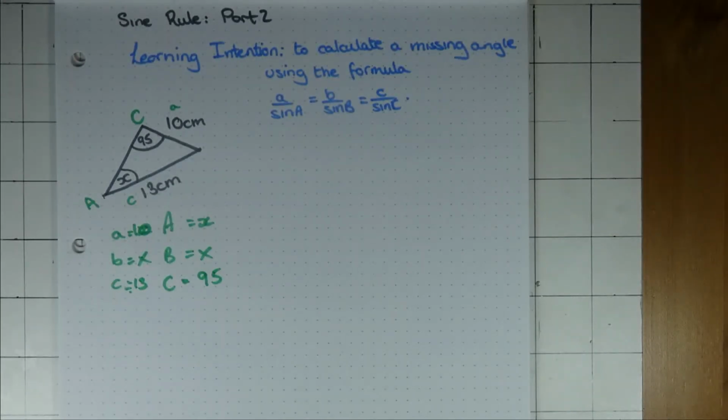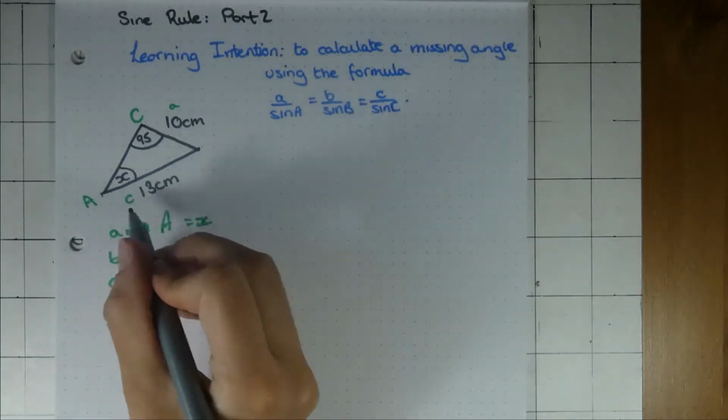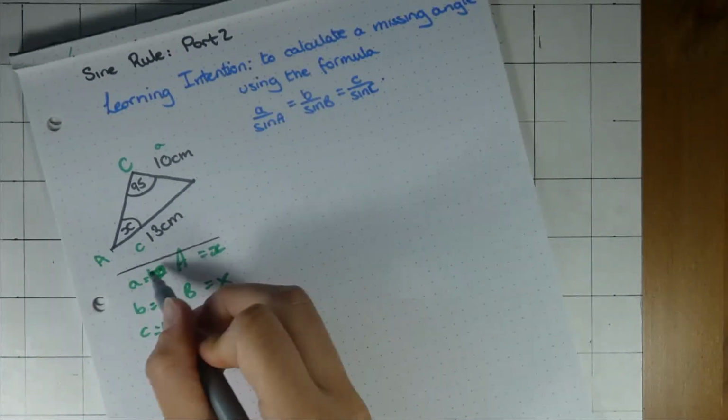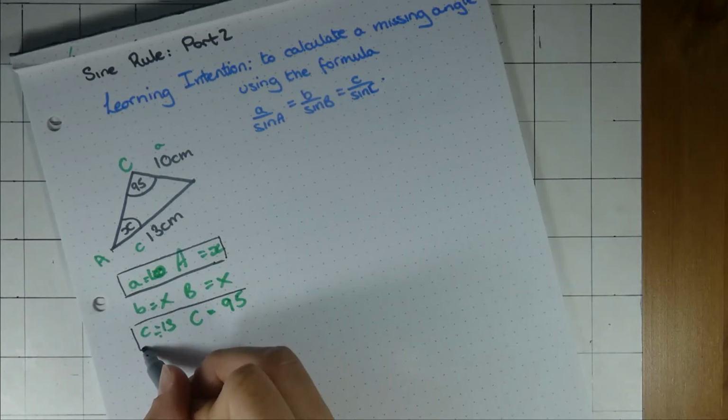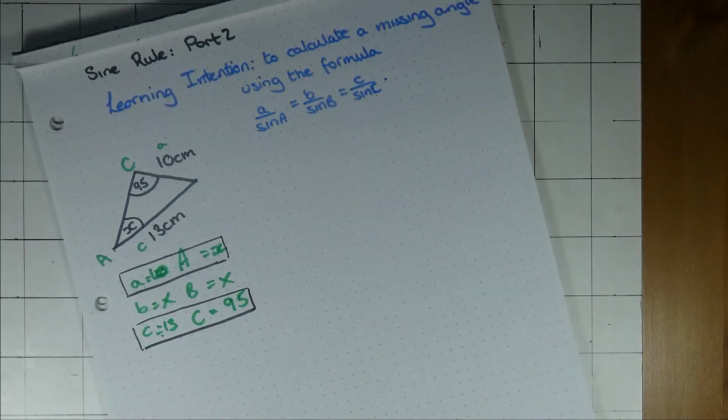Now I am going to teach you a little trick here. Before you start thinking about substituting in, bearing in mind this is one set, this is the other set, so we're using the sine rule because we have the 2 rows.